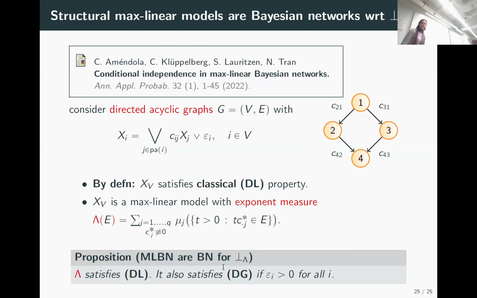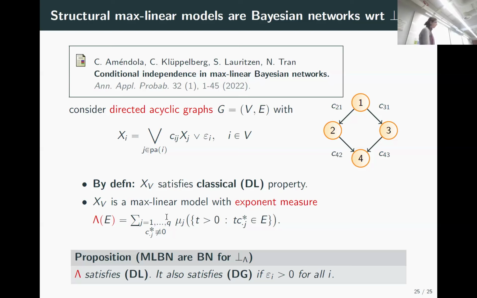And finally, coming back to those max linear models that were studied from these graphs, if we write down these structural equations, it's not very difficult to verify what the exponent measure looks like, the one that is going through the origin. One can write that down, and one can ask, okay, does this measure satisfy Markov properties?